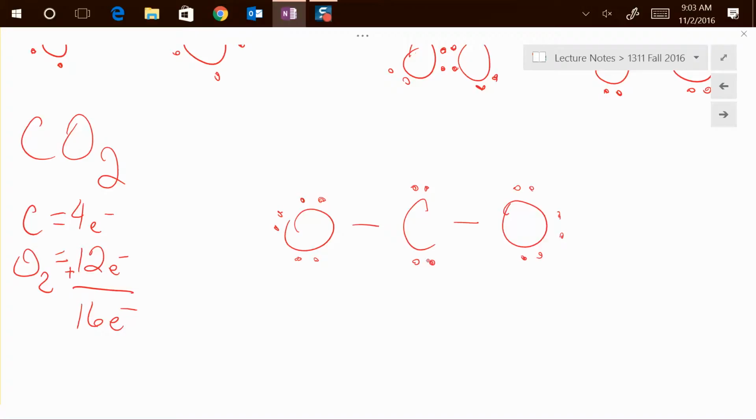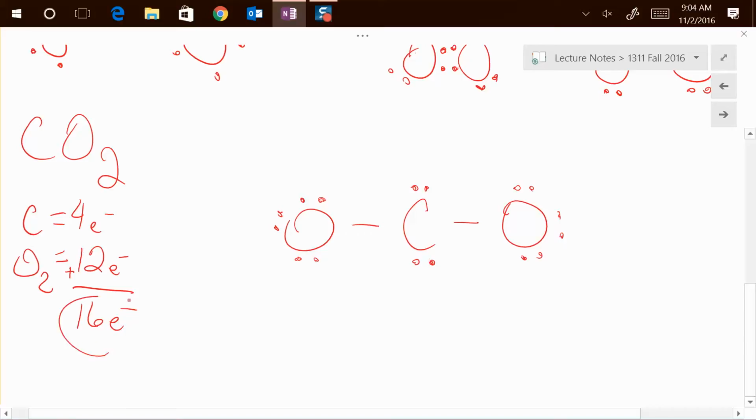Now, count how many electrons total I have in that structure. 2, 4, 6, 8, 10, 12, 14, 16, 18, 20. I have 20 electrons in my structure.